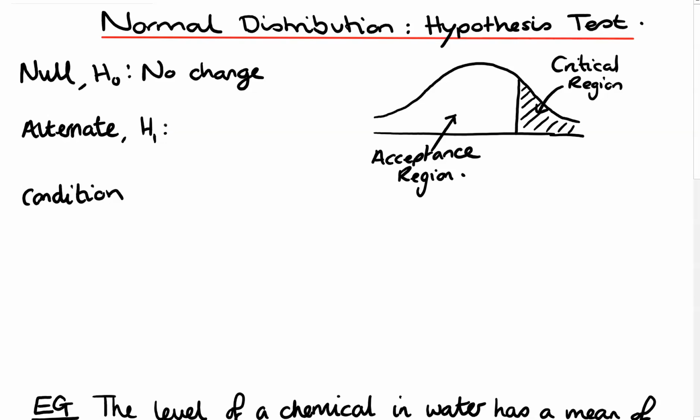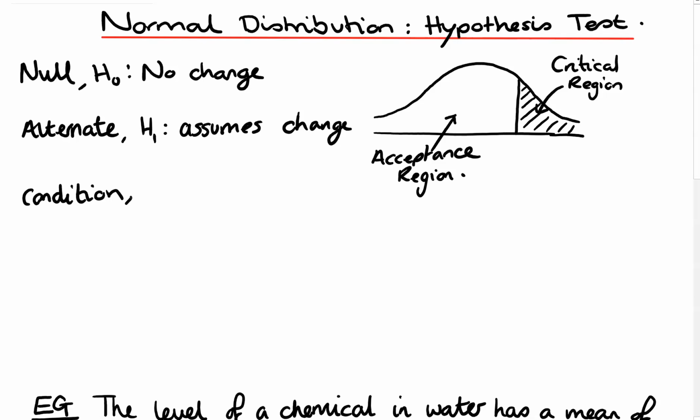It can either be a one-tail hypothesis, in which case you're going to say that it is more than or less than, depending on the question, or you can have a two-tail hypothesis which says it's got to change, but I don't know if it's going to get bigger or smaller. So this one assumes change.